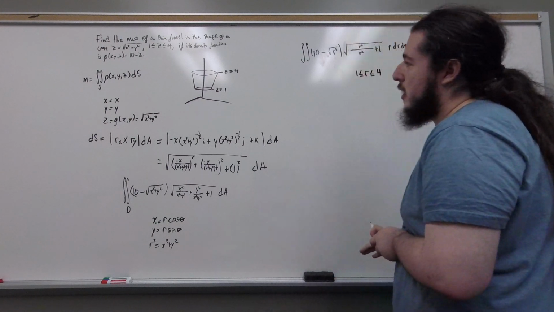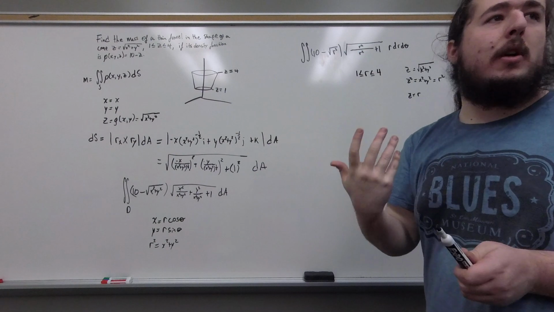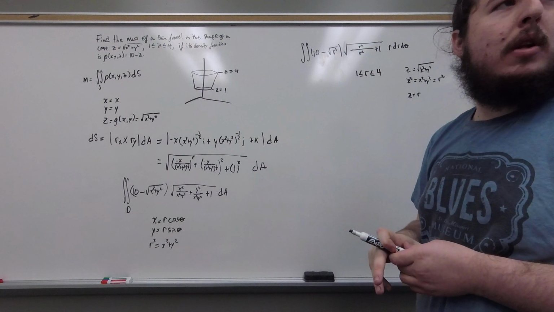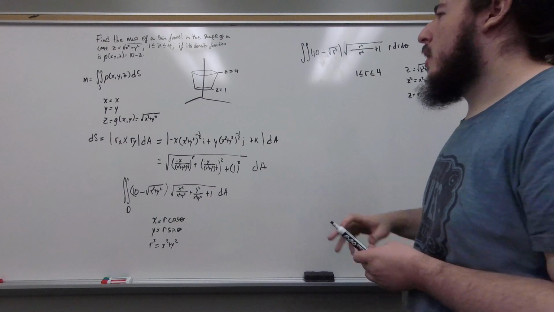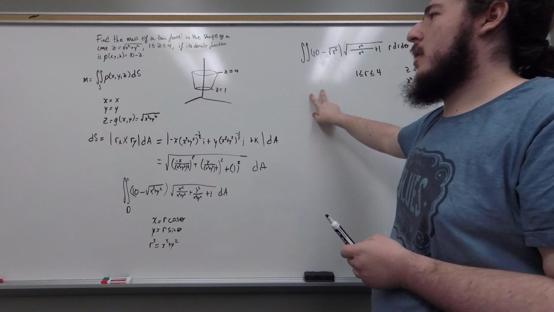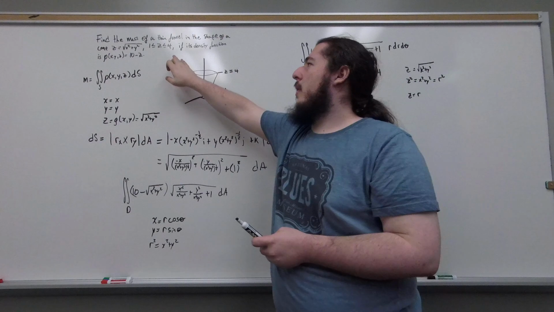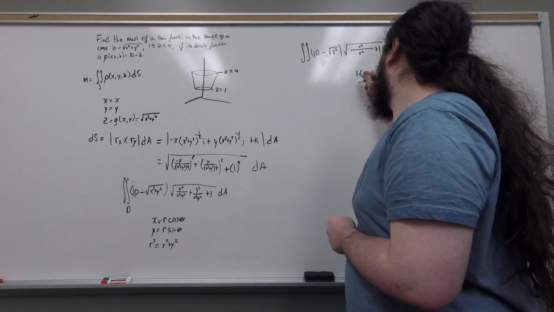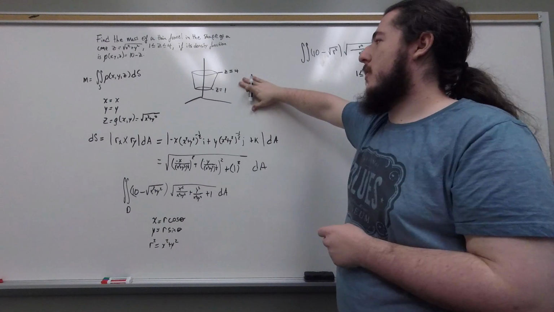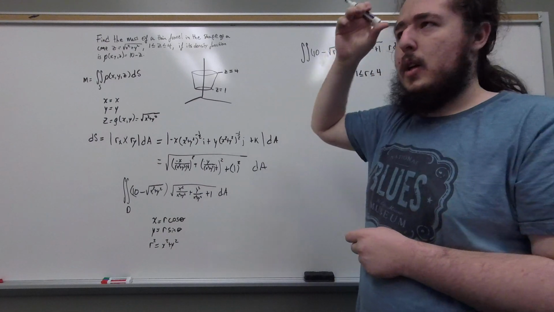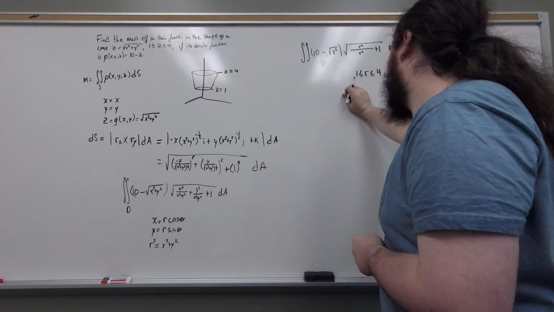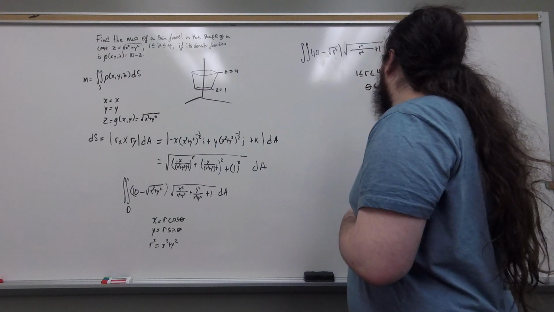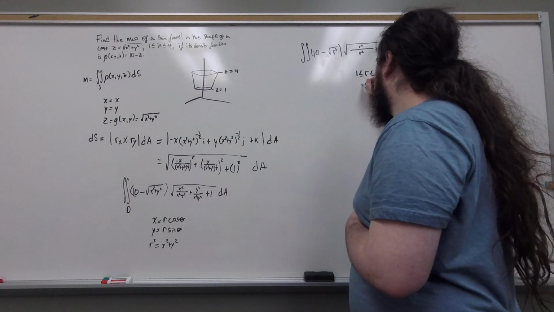And since we're using the full circumference of the cone, our theta will be from 0 to 2 pi.